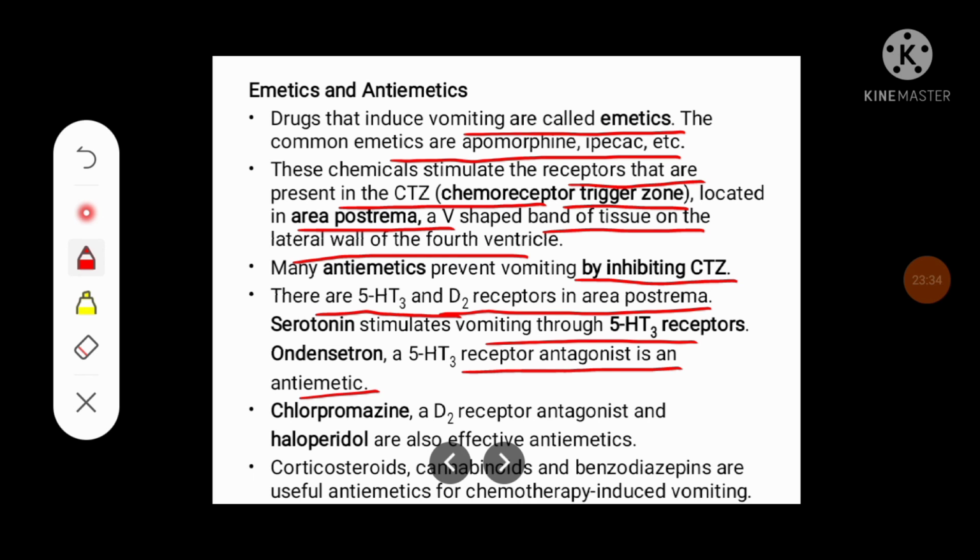Chlorpromazine is a D2 receptor antagonist, and haloperidol is also used as an effective antiemetic. Corticosteroids, cannabinoids, and benzodiazepines are useful antiemetics for chemotherapy-induced vomiting.